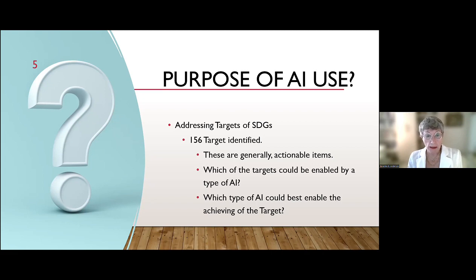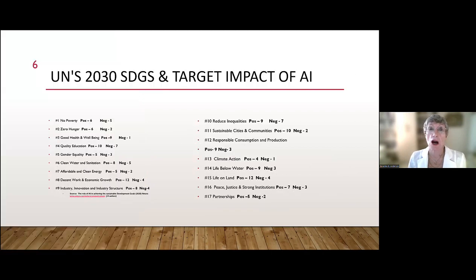Now, when you look at the 156 targets, I extracted this information from the Nature article, where those 10 researchers came up with how they thought AI would impact the 17 SDGs. They looked at the 156 targets associated with the SDGs. One of the things I have in this slide shows how in some cases they feel the positive will definitely be much greater than the negative. It was very interesting listening to the last two sessions.